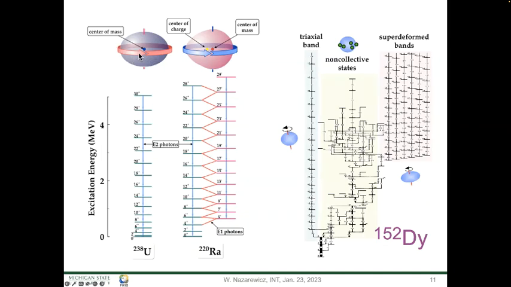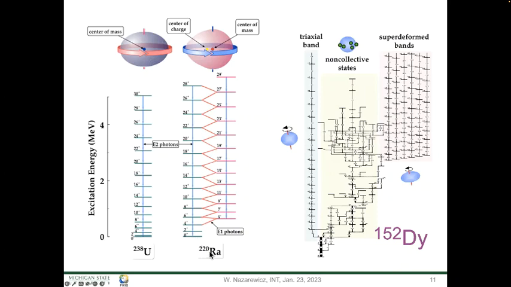It looks like this. It can rotate around the axis perpendicular to the symmetry axis. And in the laboratory system, it shows this kind of collective rotational band, a very regular band. And all those states are connected through E2 transitions. And those E2 transitions are related to the quadrupole moment of uranium.